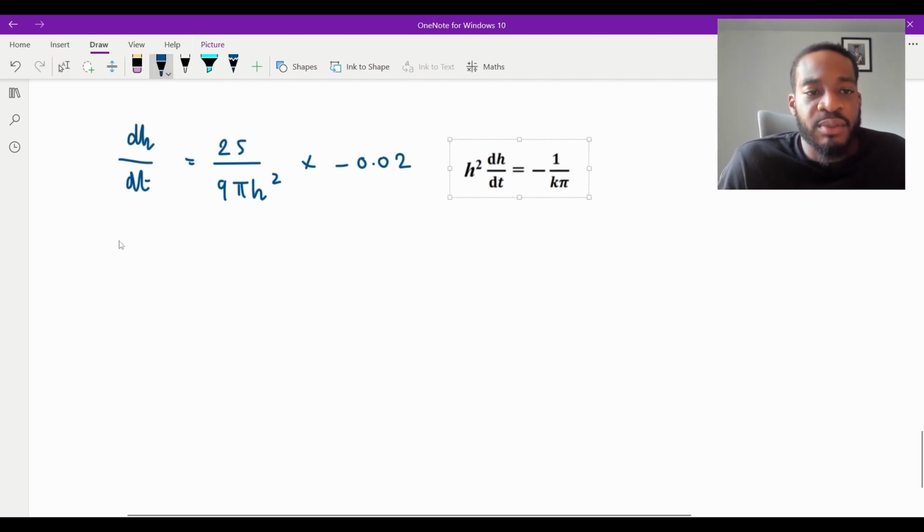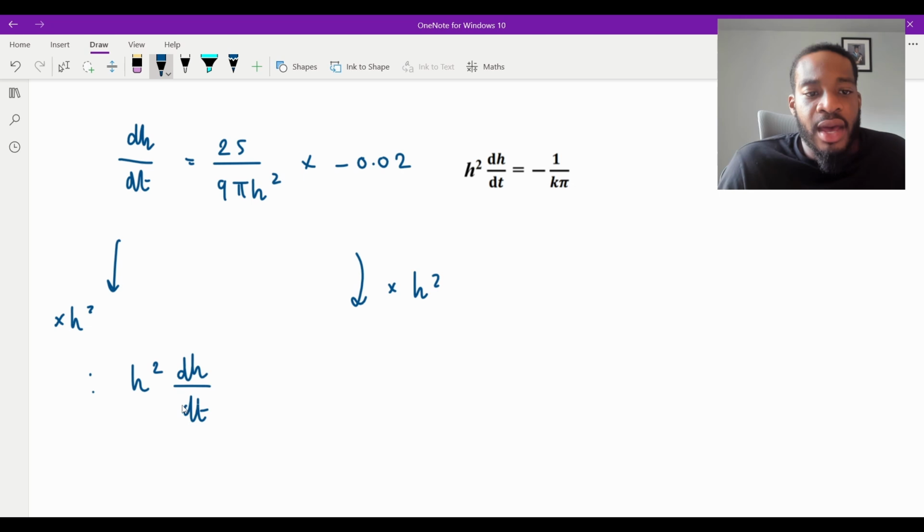So if I times both sides by h squared, I'm going to get h squared dh/dt, which is what we want. And then that will equal 25 over 9 pi times by minus 0.02.